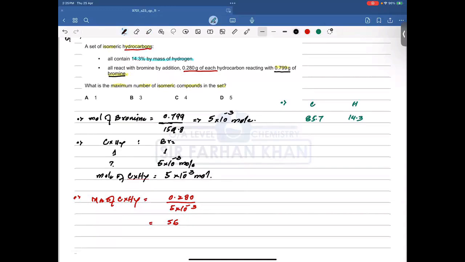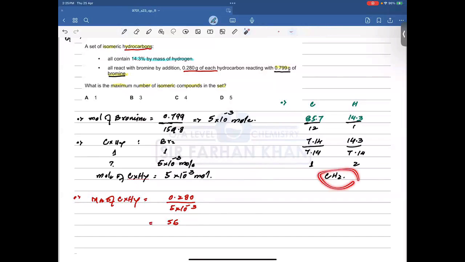Divided by 12, divided by 1, it's going to be 7.14 and 14.3. Get the simplest ratio by dividing by the least value on both sides. So it's going to be 1 and 2. So the empirical formula of the hydrocarbon is CH2.